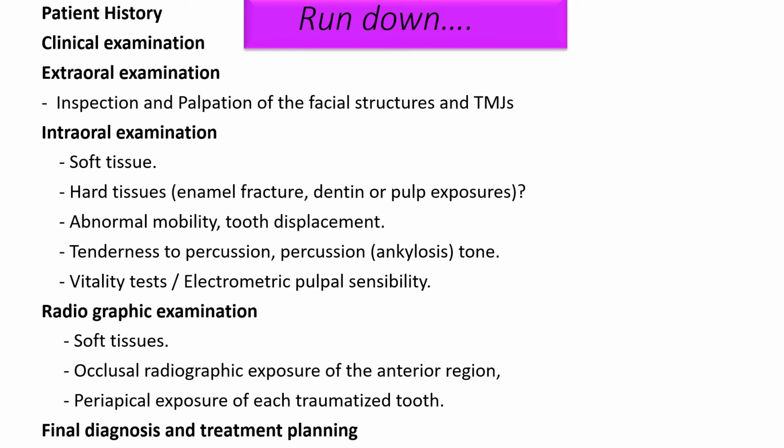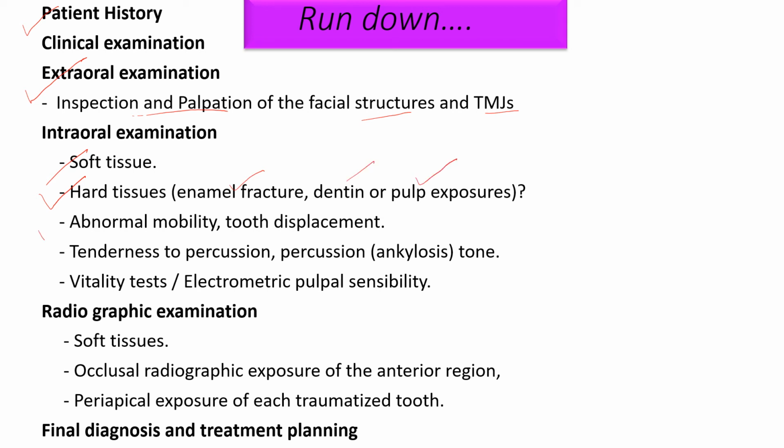Let's have a quick rundown of what we've done so far. When a trauma patient comes to us, we take the patient history, followed by clinical examination, in which we take the extraoral examination. We inspect and palpate the facial structures and the temporomandibular joints. Then we conduct intraoral examination of the soft tissues and the hard tissues, checking for enamel fracture of the teeth, dentine fracture or a pulp exposure.